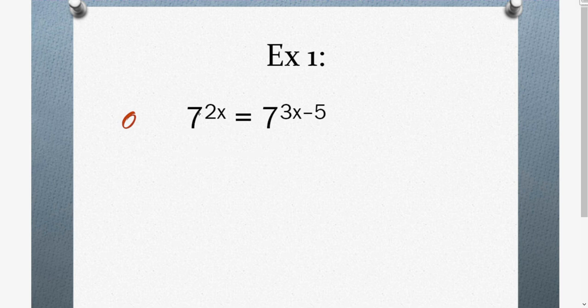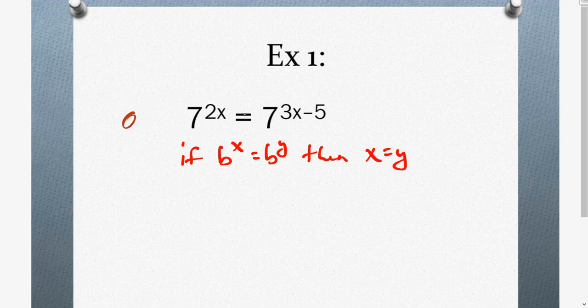So, exponential equation. So the first thing that I need to remember is that if b to the x equals b to the y, then x will equal y. So let's look at this problem. What is your base that's on the left-hand side of the equation? It's 7.